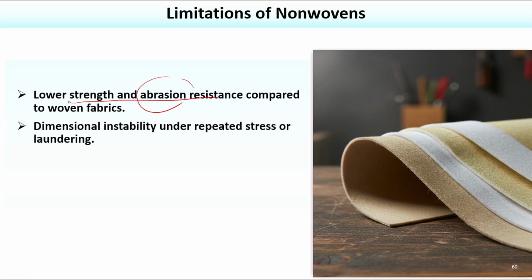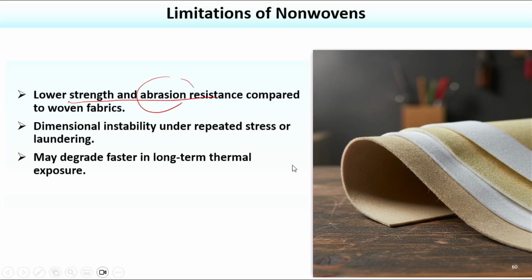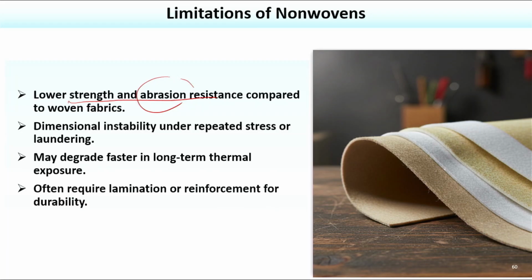So, it can change its dimensions, and may degrade faster in the long run due to thermal exposure. Because of the open structure, heat and flame can penetrate inside the structure, so it often requires lamination or reinforcement for durability. We can laminate to enhance durability.